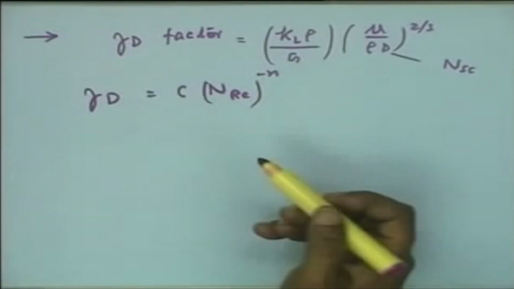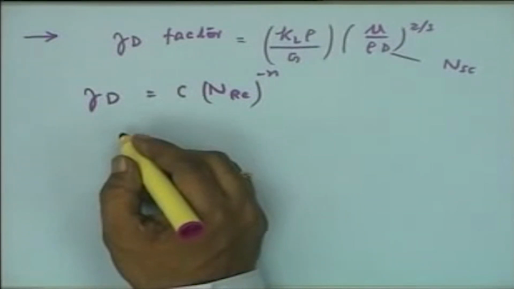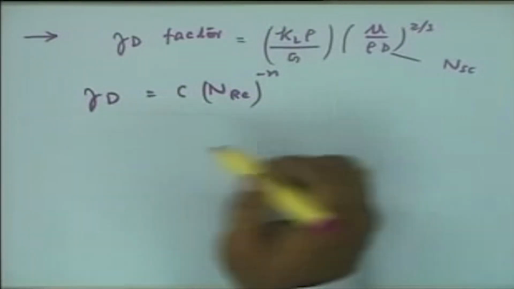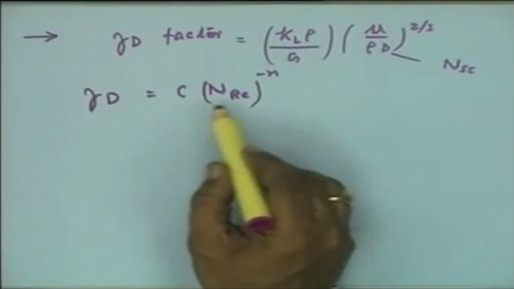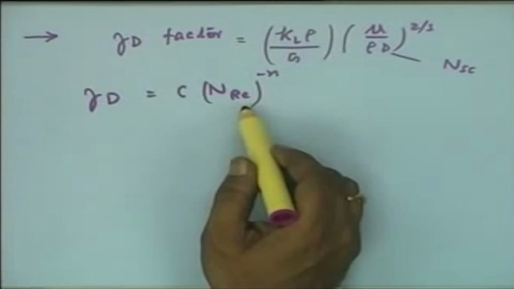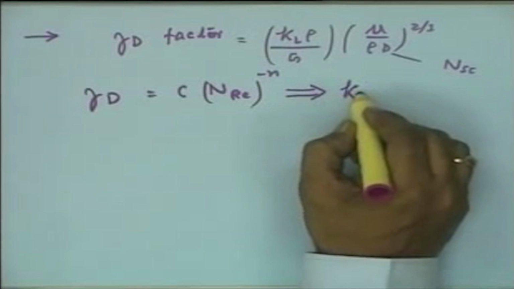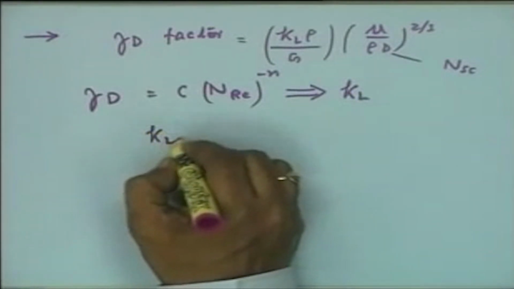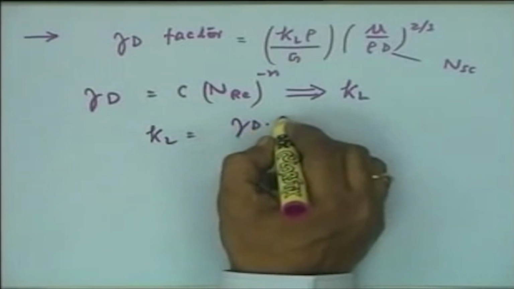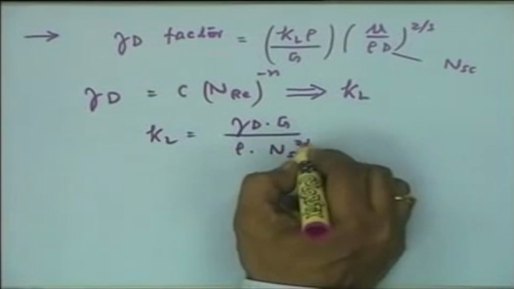Now, if you look at this, you will notice that from the estimation of the JD factor as a function of Reynolds number to the power minus n, one can determine the value of KL. Because your KL will be equal to JD into G upon rho Schmidt number to the power 2 by 3.